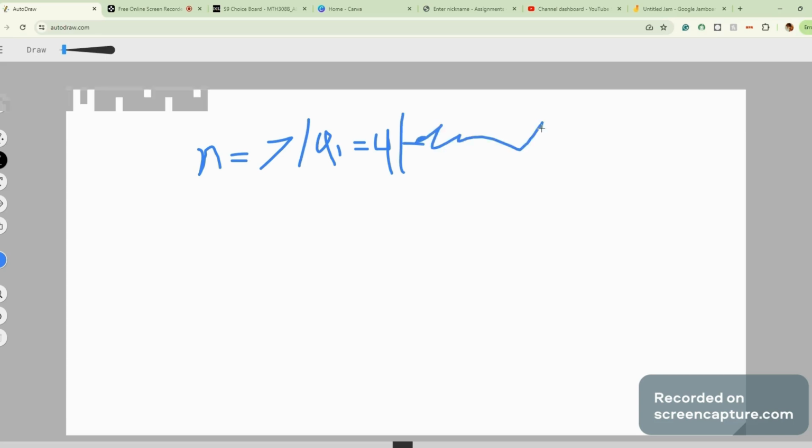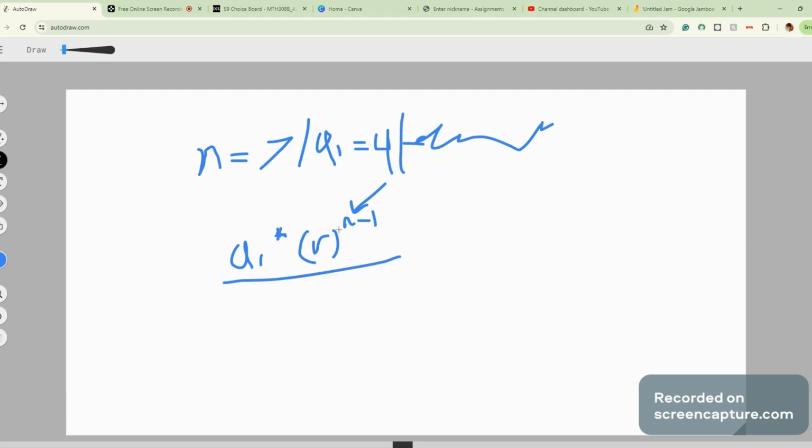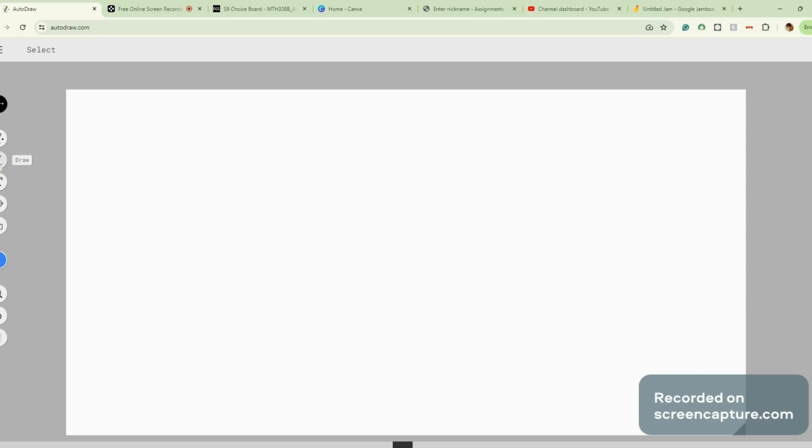Anyways, so now that we know that, we can start setting it up with this formula that I like to classify as 1 times parentheses r, because we have to have it in its own spot, and then our nth term, which is supposedly 7, that's going to be 7 minus 1, and that's all you need to go on to the next step. Okay, so you can get rid of all of that now.